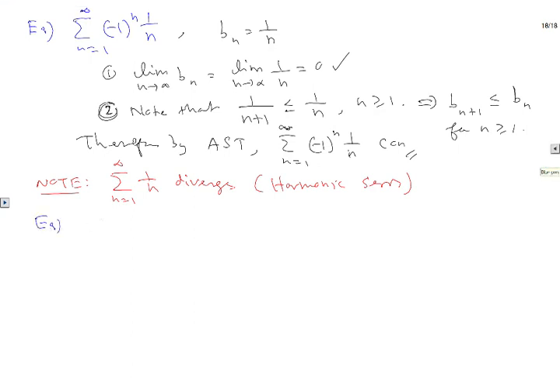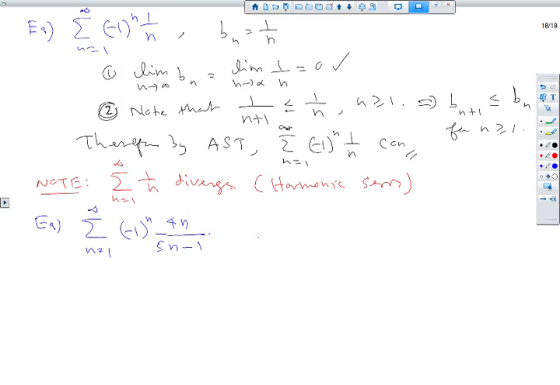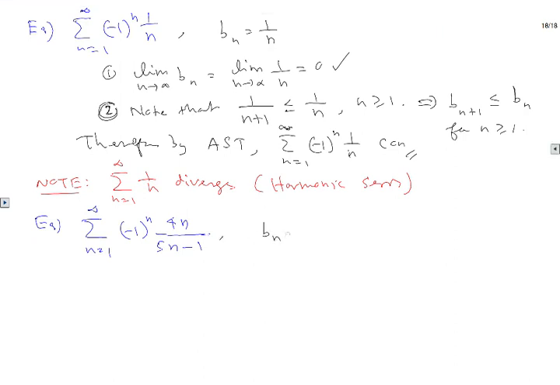Let's say the series from n equals 1 to infinity of negative 1 to the n, times 4n over 5n minus 1. If you look at this problem, you can see Bn, if you ignore the sign, is 4n over 5n minus 1.